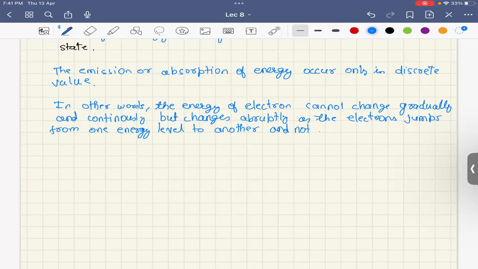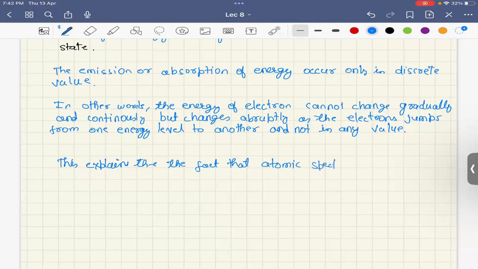And this explains the fact that atomic spectra are discontinuous.